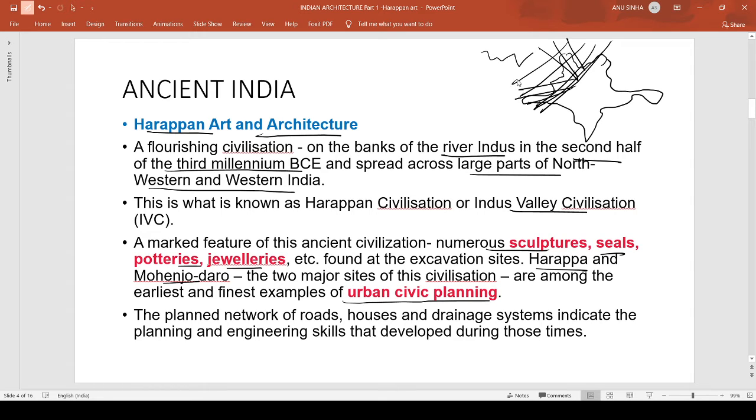This was the entire area of the Harappan civilization, and it was situated on the bank of river Indus. River Indus पे ये situated था, and this civilization existed in the second half of the third millennium BC.